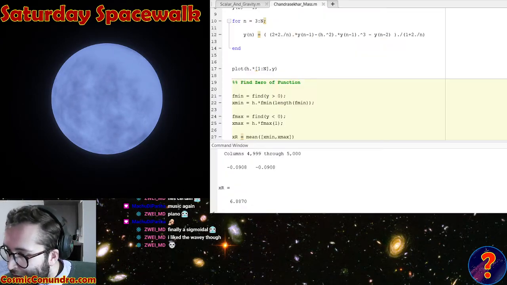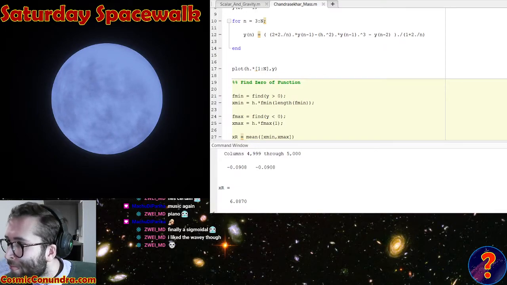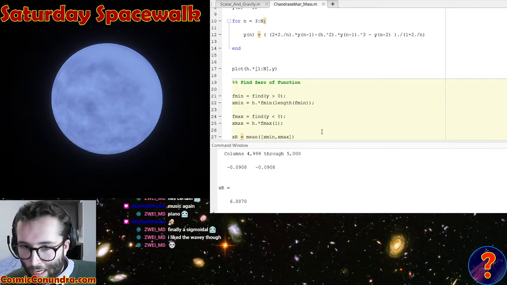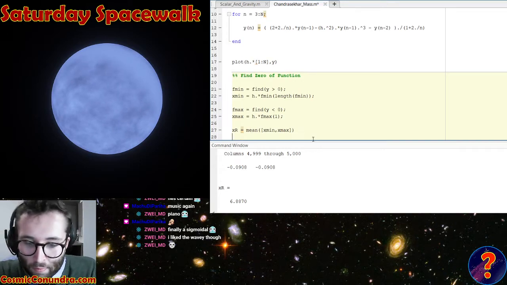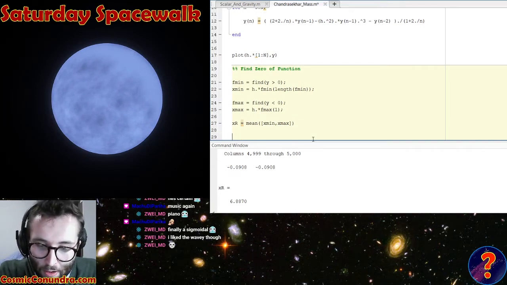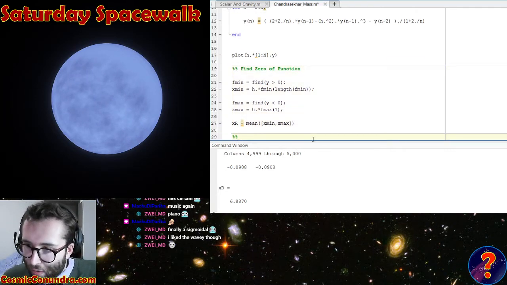So let me switch back to Matlab. Okay, and now you should be able to see it. Now we can just program this in again. So now I want to find this integral I wrote down.